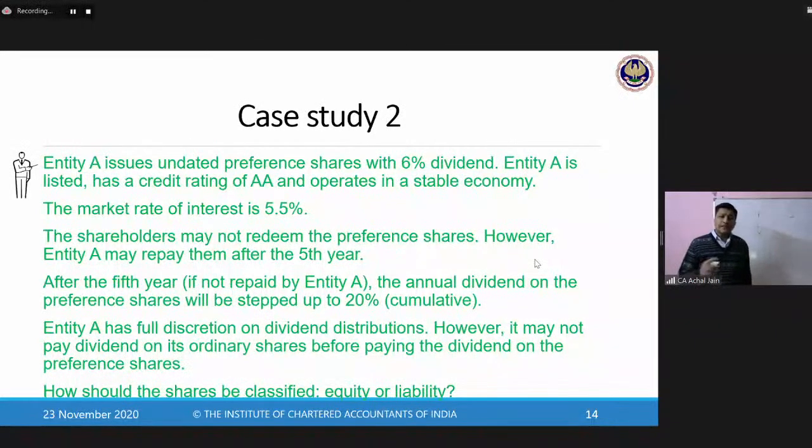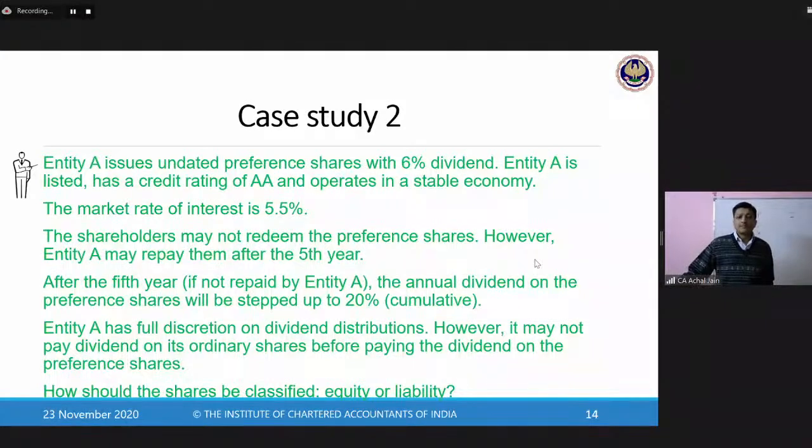In terms of dividend, it's required to be paid at 6%. And there is an obligation on the part of entity A for paying dividend at the rate of 20%. Correct? For paying dividend at the rate of 20%, which is very significant.